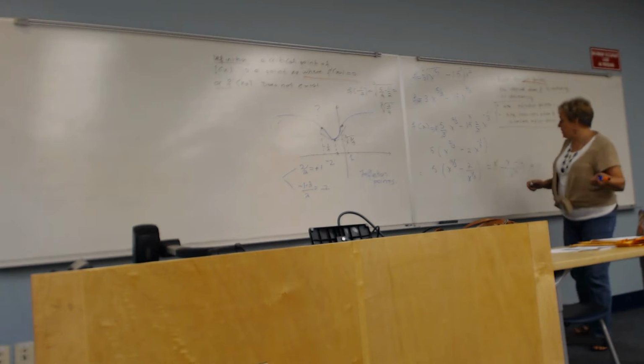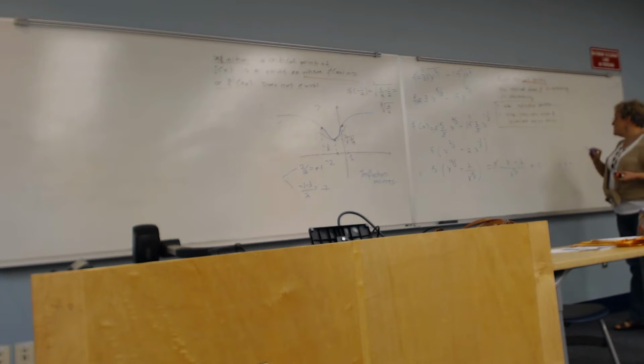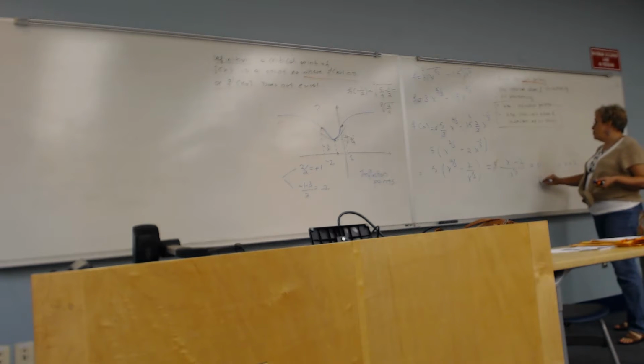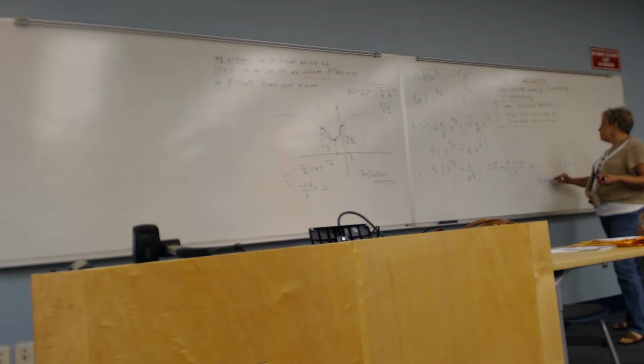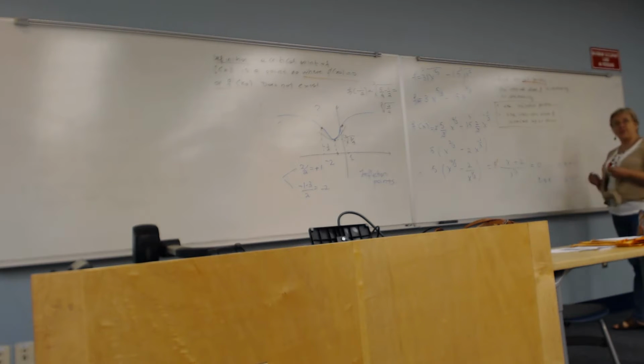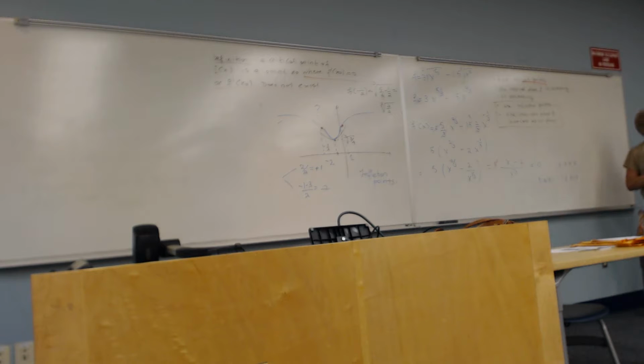So the derivative is 0 if x is equal to 2 and does not exist if x is equal to 0, because it makes the denominator equal to 0. So the critical points are x equals 2 and x equals 0. These are 2 critical points.